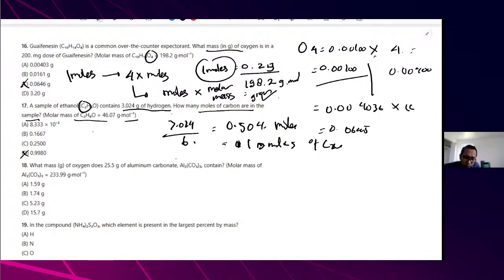What mass in grams of oxygen does 25.5 g of aluminum carbonate contain?